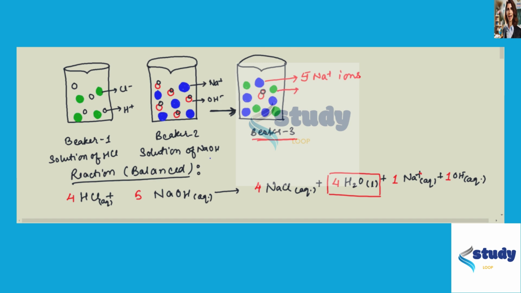And this will be 1, 2, 3, 4, 4 Cl minus ions, and there will be 1 OH minus ion.